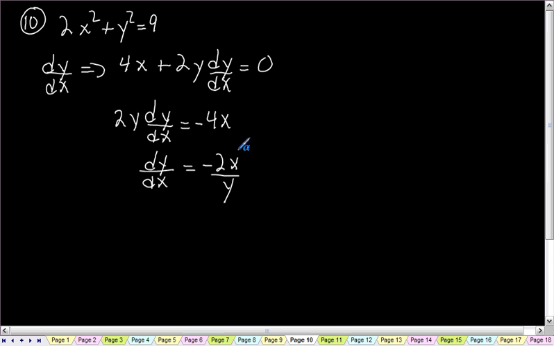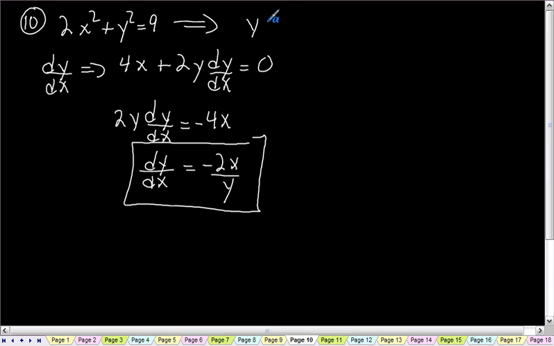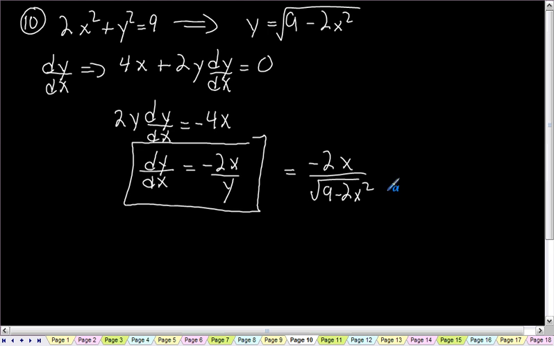I guess you could technically make it all in terms of x, because this can be solved for y. If I take y, I subtract 9, I can subtract a minus 2, and I can take the square root of both sides. So that is technically my y. So I could plug it in to make it look like this. Minus 2x over the square root, but I don't like radicals on the bottom, so I multiply the radical on the bottom times the radical on the top.